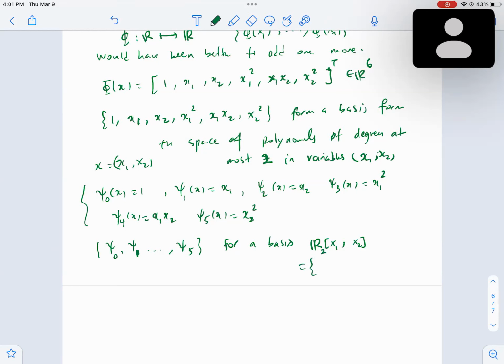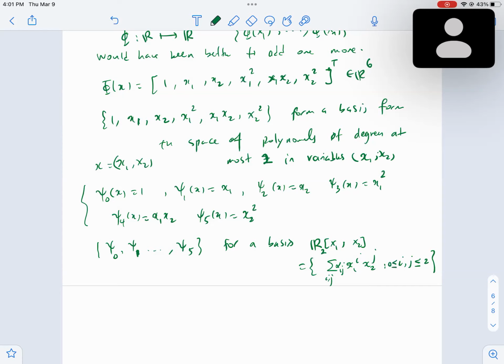So this is the class of all things that can be written as the summation of alpha ij x1 to the i, x2 to the j, over i and j such that i and j are at most 2. This is a general polynomial of degree at most 2.